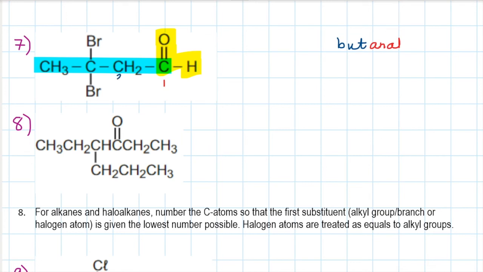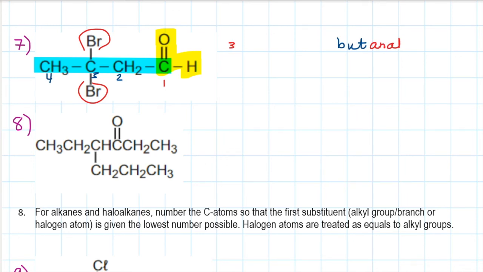We have carbon 1, 2, 3, and 4, and we can clearly see that there are 2 bromine atoms on carbon number 3. Now, although both of these bromine atoms fall onto carbon number 3, we don't just write down 3.